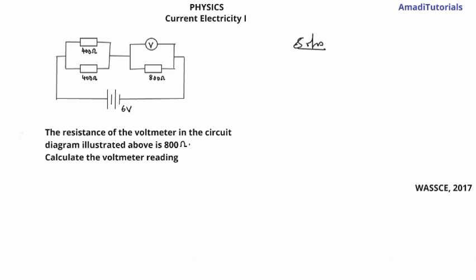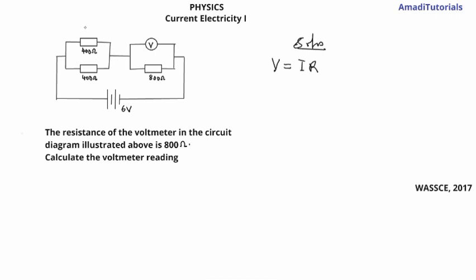First, you know Ohm's law, V equals IR. V equals IR. So we're going to calculate the equivalent resistance of the resistors in this circuit. R here will represent the equivalent resistance.